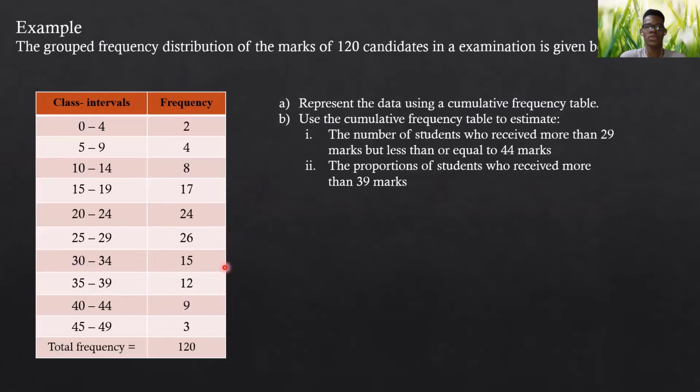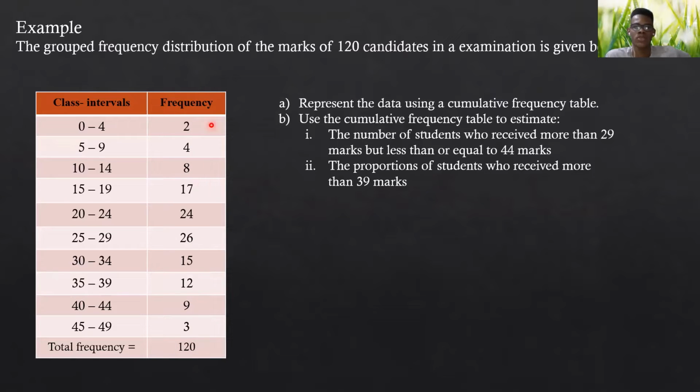The frequency is usually the number of persons in the class, the number of students participating in your data set. Get that, because I don't want you to confuse the two. The total frequency is 120 candidates.